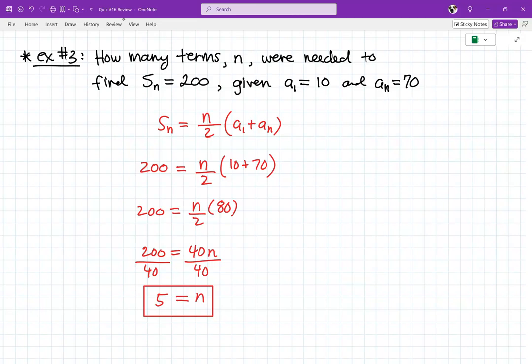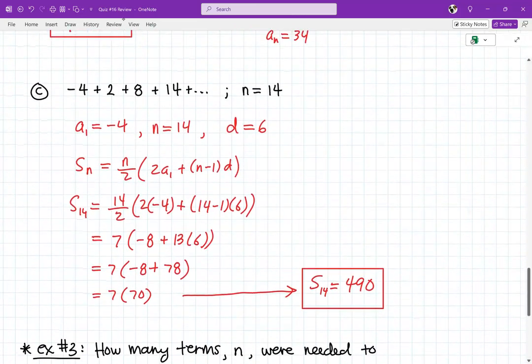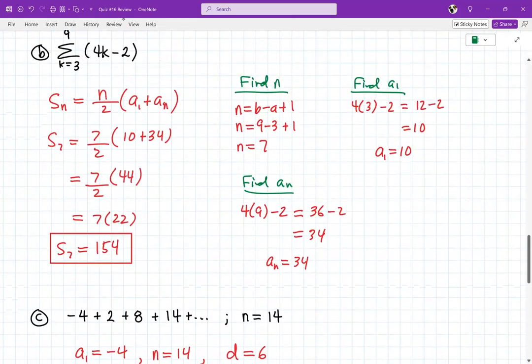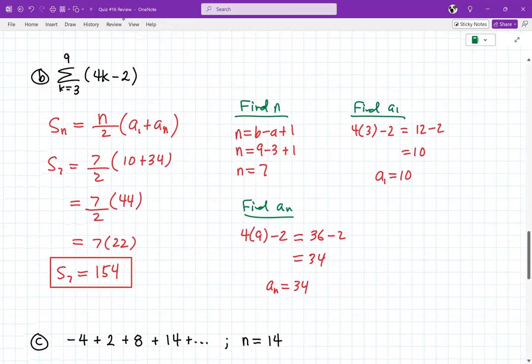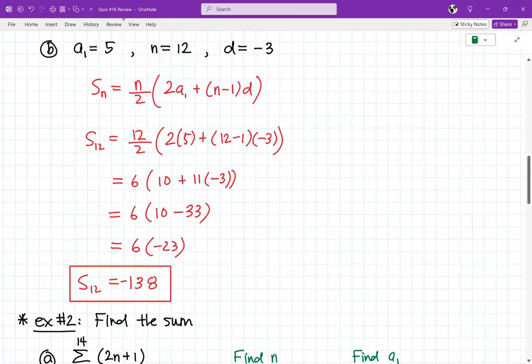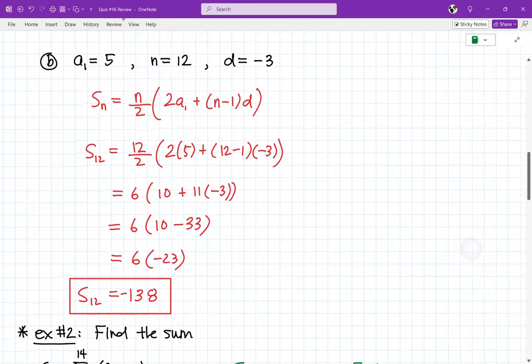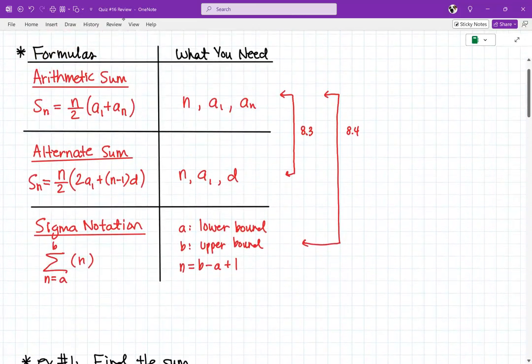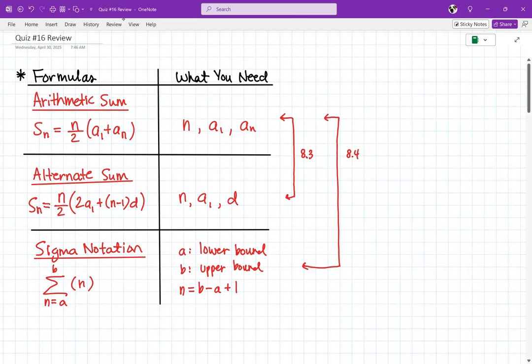I used the same formula for example 3. This part C, I used the alternate form. Then this was the easier form, the first one. This one was the easier form as well. This one was the alternate form. This one was the easier form, right? So you have to know all 3.